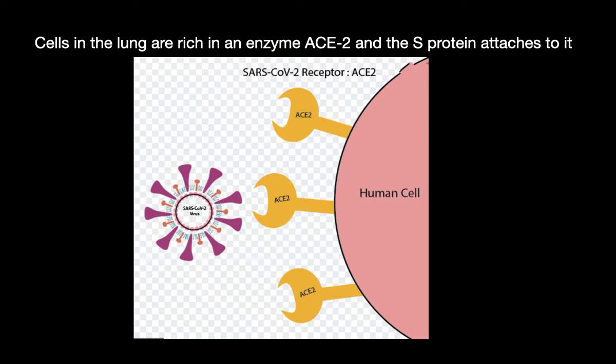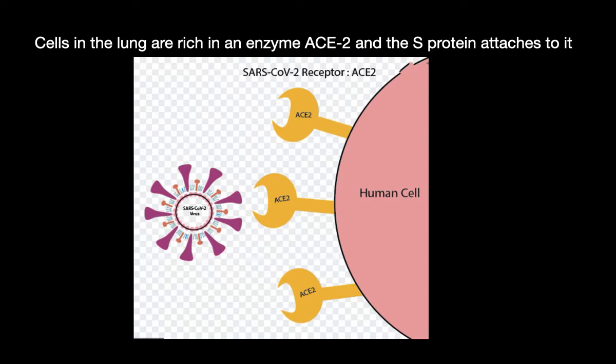The target cells are usually cells in the lung, although they may be present also in the spleen and in the gastrointestinal tract. They are distinguished particularly by the fact that they are rich in an enzyme referred to as ACE2, or the angiotensin converting enzyme 2.